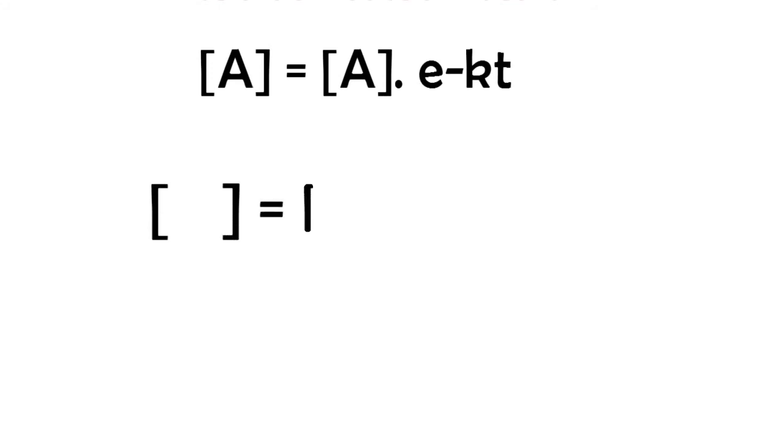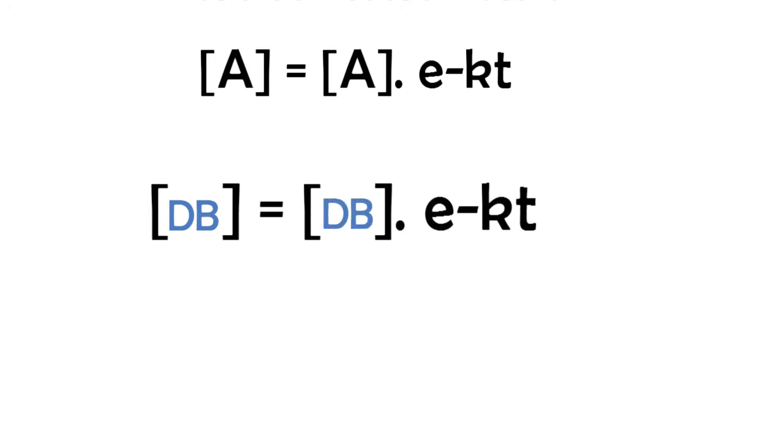Now what we have over here is the drug, which was termed as dB, so we're going to replace A by dB. So dB is equal to dB naught e to the minus kt, right? That's the final equation. It's just one basic rate law, and we've just inserted the drug concentration. That's how we got the final equation.